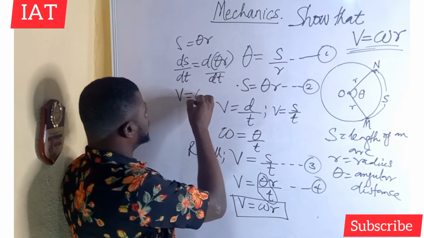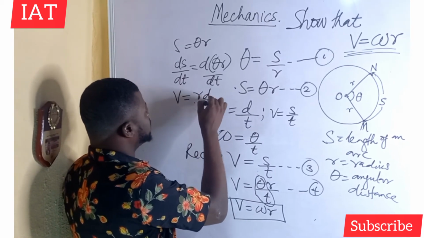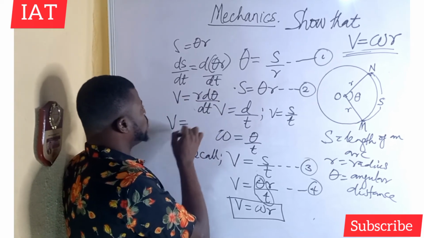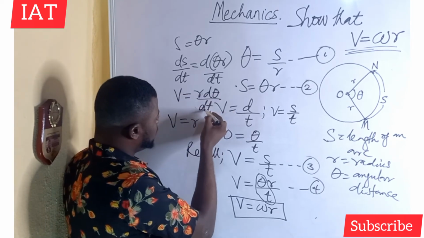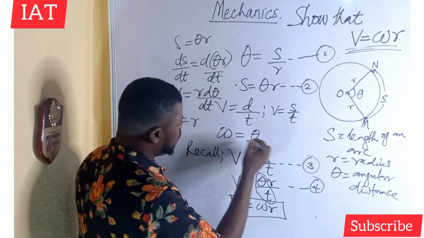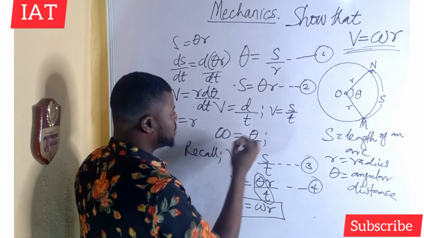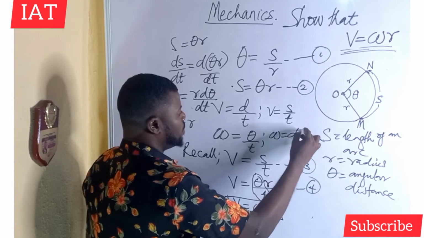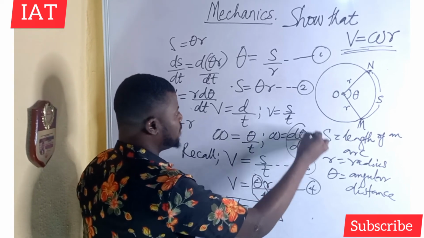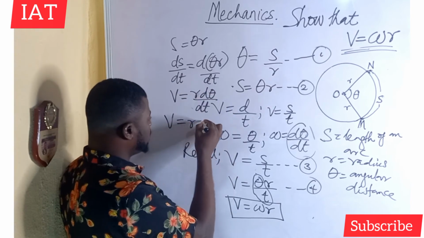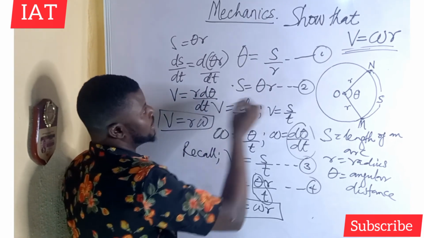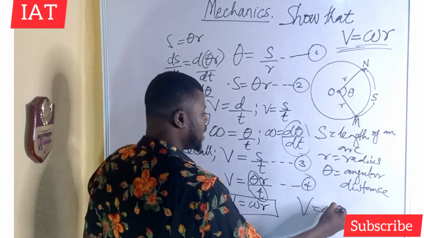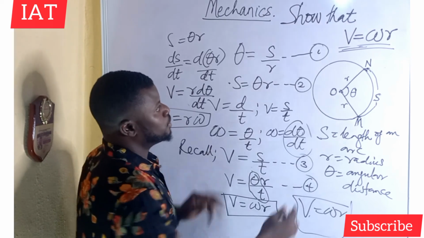So I take the radius out and differentiate theta, the angle, with respect to t. Of course, v is equal to r times d theta over dt. And d theta over dt is omega, since omega can be written in differential form as omega equal to d theta over dt. So in place of d theta over dt, I can replace it with omega. It is multiplication, so I can still write it as omega r. So that's how we derive this.